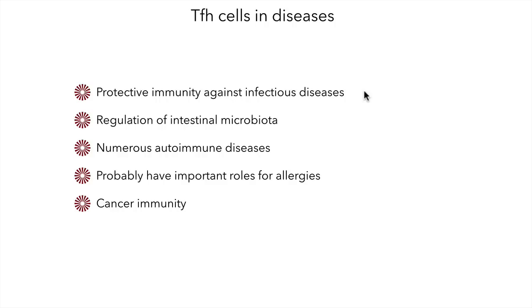And interestingly, it turns out that those individuals who do make these high-quality, broadly neutralizing antibodies against HIV have unusually elevated frequencies of highly functional memory TFH cells, these PD-1 positive, CXCR3 negative memory TFH cells. People with high frequencies of those highly functional memory TFH cells are more likely to make broadly neutralizing antibodies against HIV than other individuals.